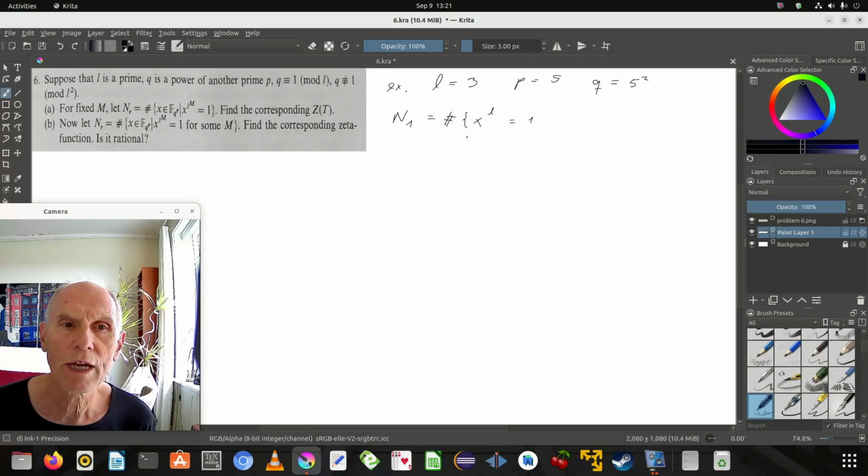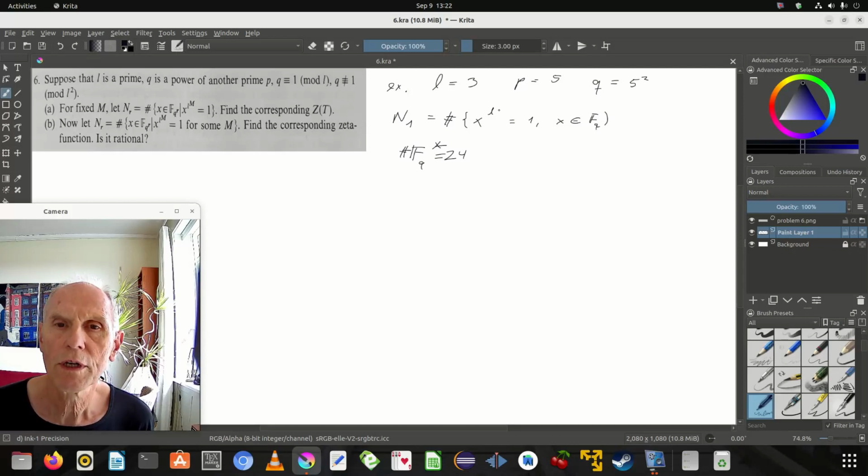And that's for X in FQ. So the multiplicative group here has 24 elements. And it's cyclic.